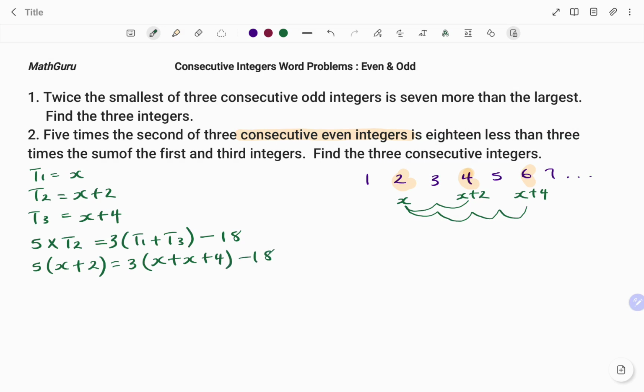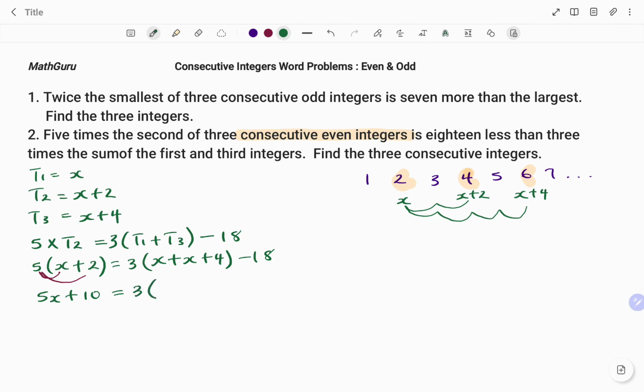To solve, I have the number outside the bracket multiplying all the terms in the bracket as shown. So that will be 5x plus 5 times 2, 10, equals 3 in the bracket. If I resolve what I have in the bracket, that's 2x plus 4.